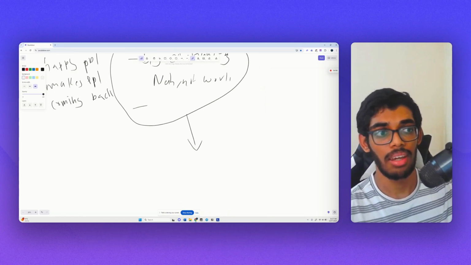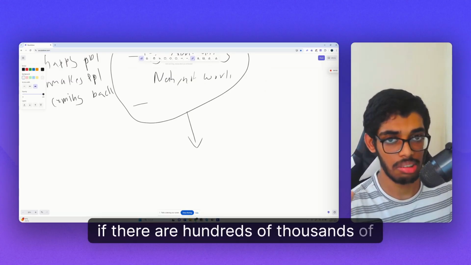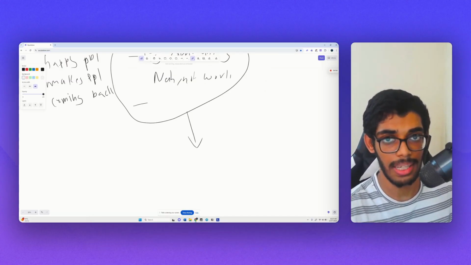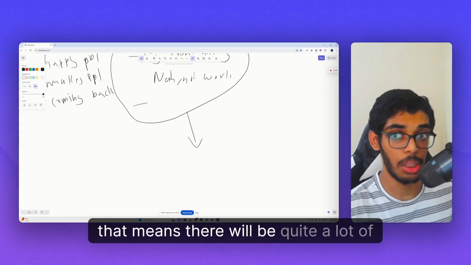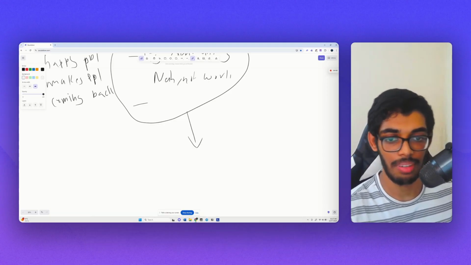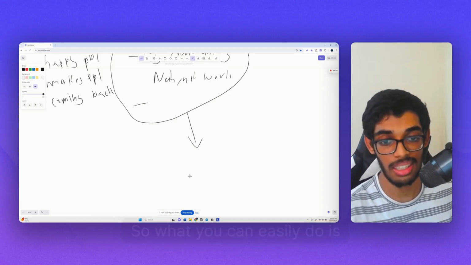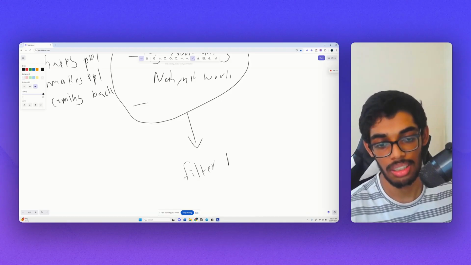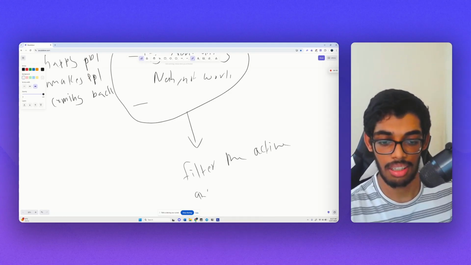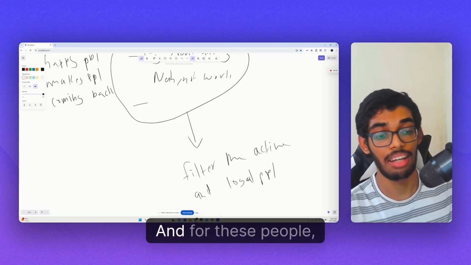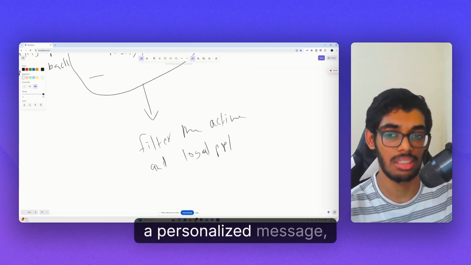So if there are hundreds of thousands of people already joining a community, that means there will be quite a lot of active people. So what you can easily do is filter out the active and loyal people, and for these people you send them a personalized message.